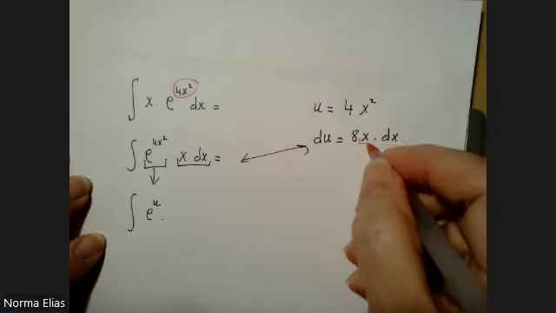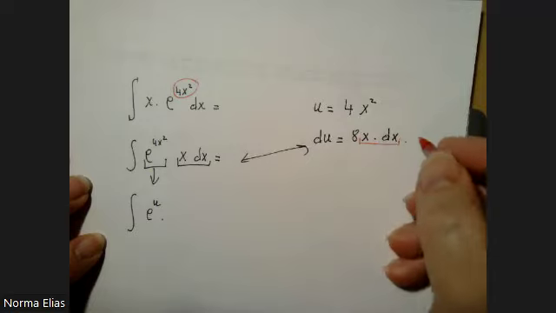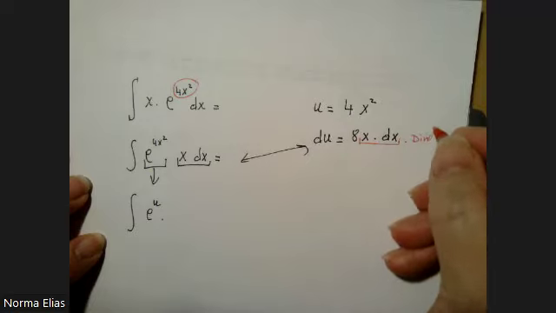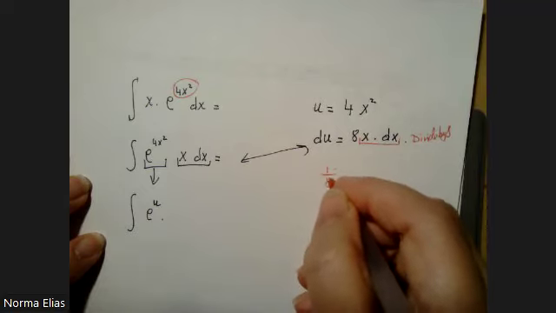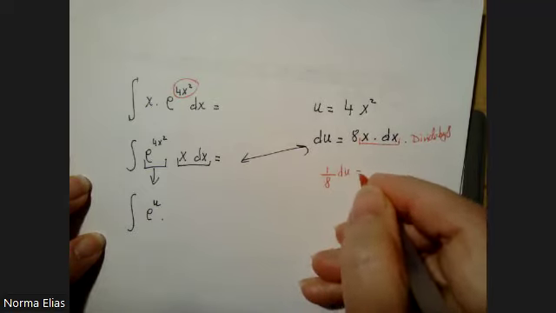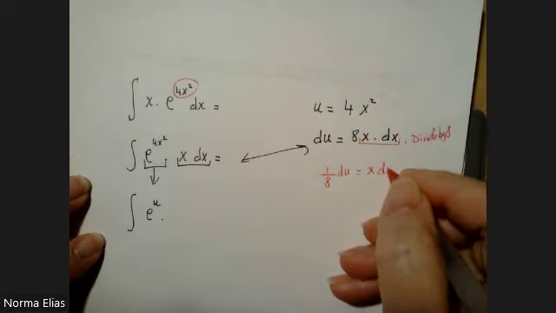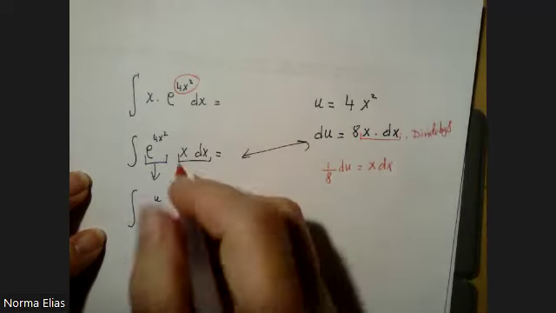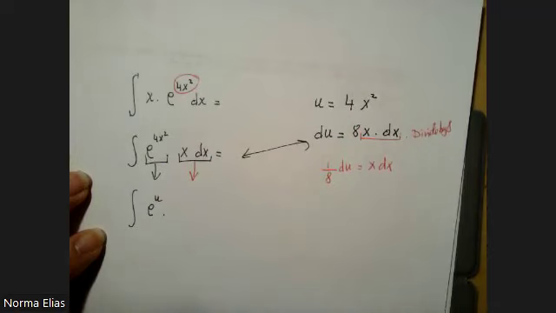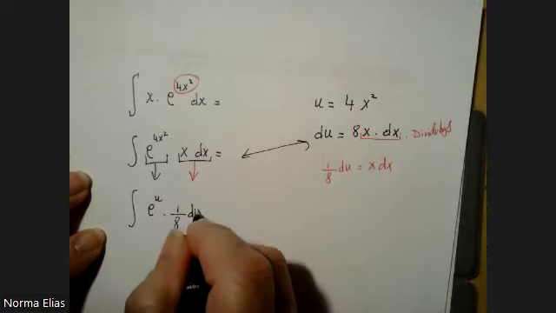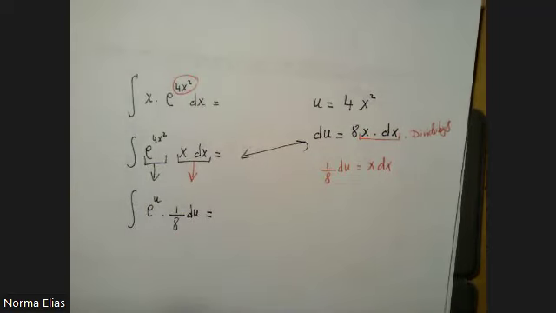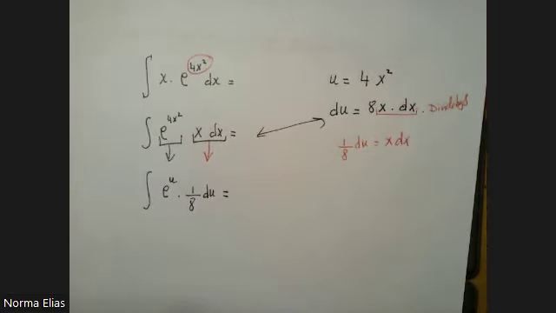8 is a constant. I can solve for it. So I divide by 8 both sides. And that's good. It will give me 1 over 8 du equals x dx, because everything has to be substituted correctly. So my x dx here is going to become 1 over 8 du. At this stage, 1 over 8 is a constant.